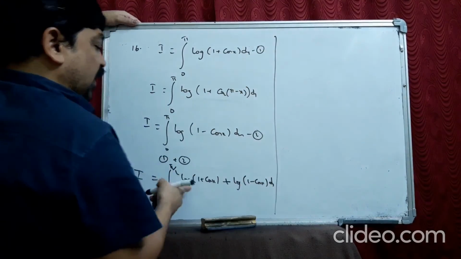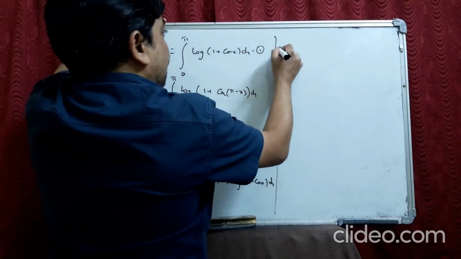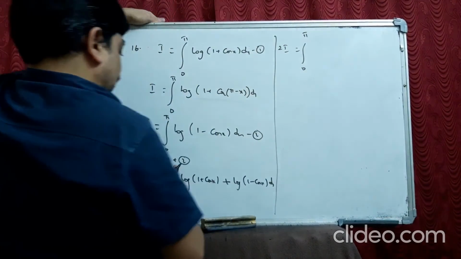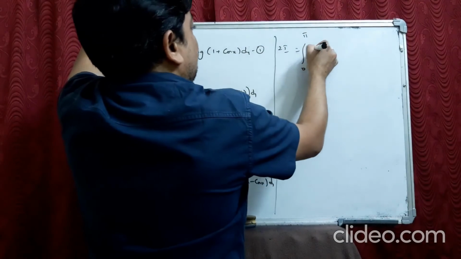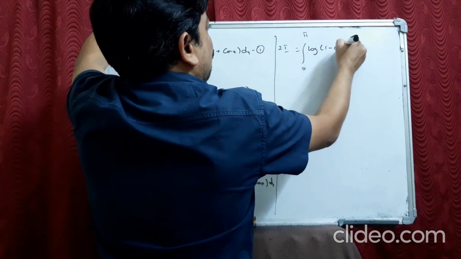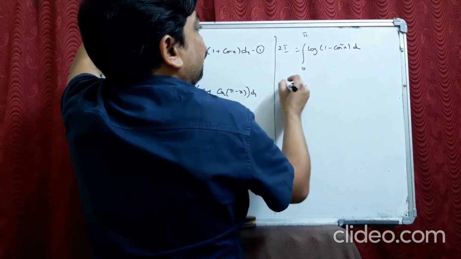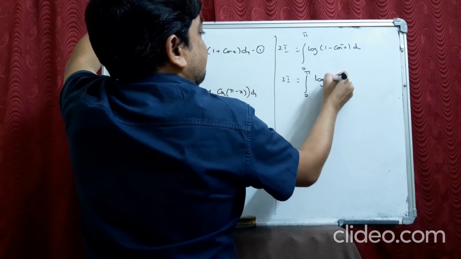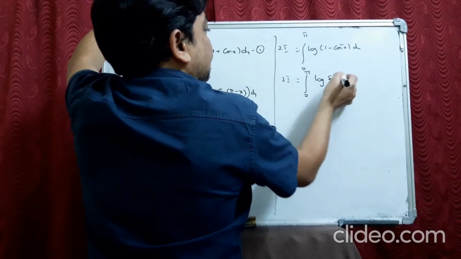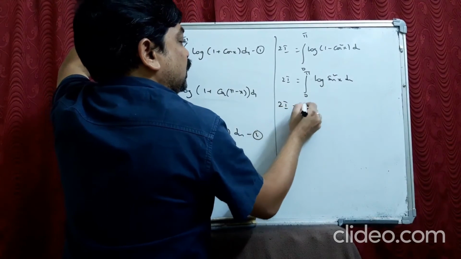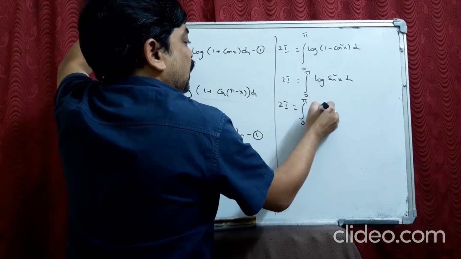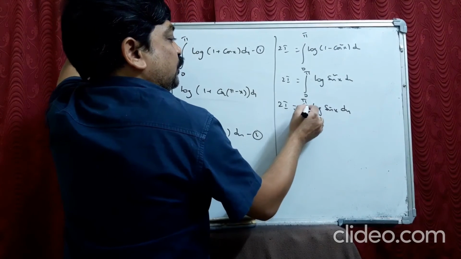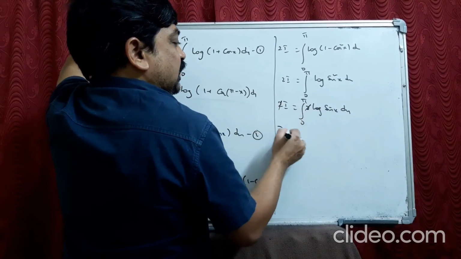It looks like log a plus log b, log ab. 0 to pi log 1 minus cos square x. 2I equal to 0 to pi log sin square x dx. Bring 2 here, 2I equal to 0 to pi log sin x dx into 2. 2 gets cancelled.